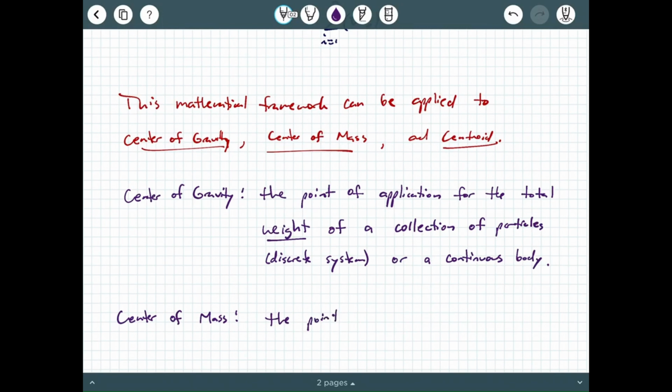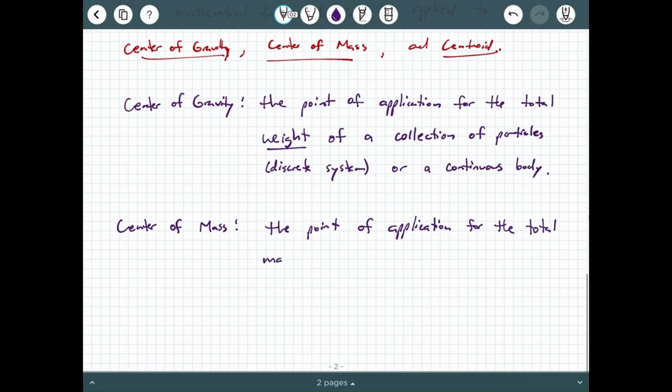The point of application for the total mass of, and then the definition is the same as before. So point of application for the total mass of a collection of particles for a discrete system or a continuous body.